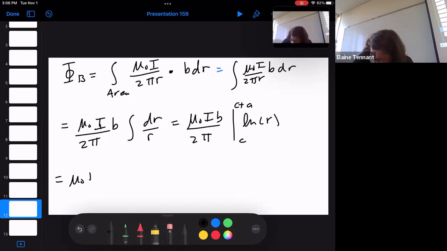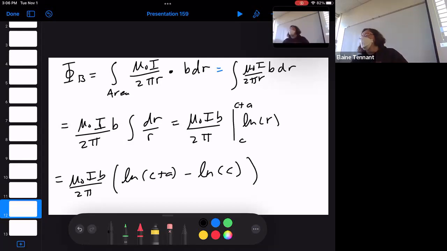So I have mu naught I b over 2 pi, natural log of c plus a minus the natural log of c. We, of course, are going to say the natural log of a minus the natural log of b is the natural log of a over b.